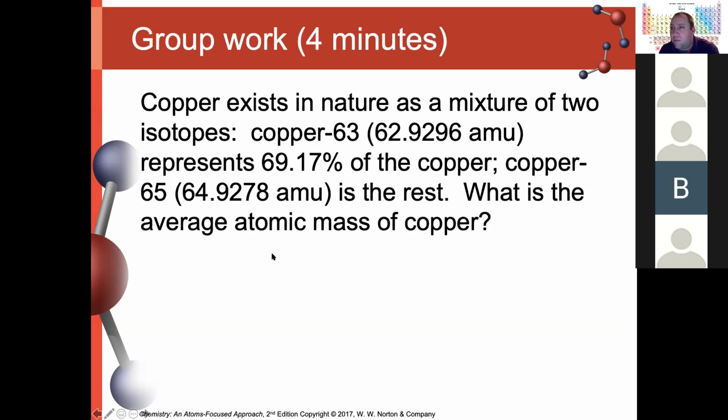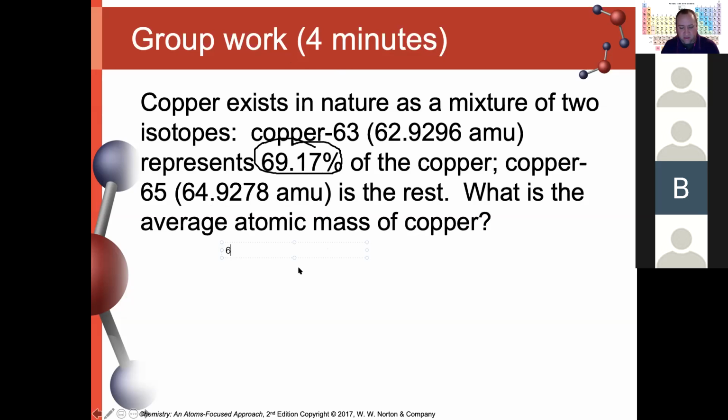Now, the most common mistake that students will make is if they completely ignore the abundances here and just take a straight up average, they'll get an answer that looks like it makes a decent amount of sense.